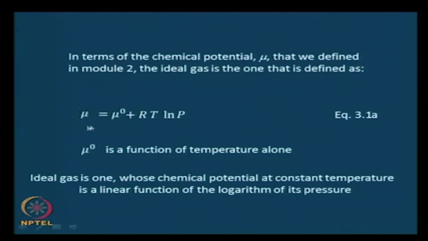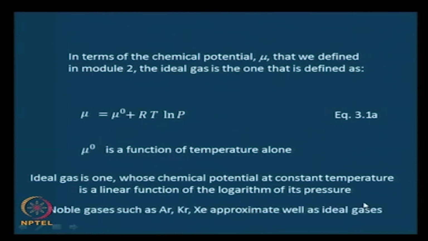This can be considered of the form y equals m x plus c, straight line equation. Therefore, if you plot y, which is mu here, versus ln P, which is x here, then you should get a straight line with this as the intercept. Therefore, the ideal gas is one whose chemical potential at constant temperature is a linear function of the logarithm, the natural logarithm, or whatever logarithm that one takes of its pressure.